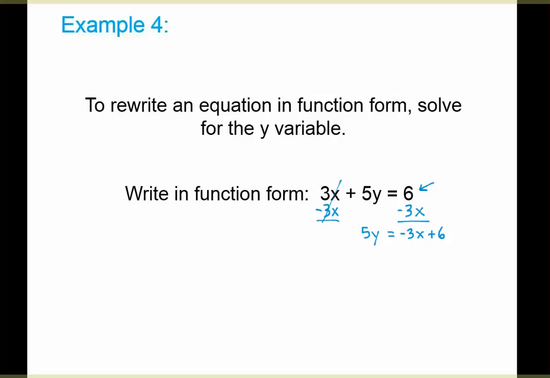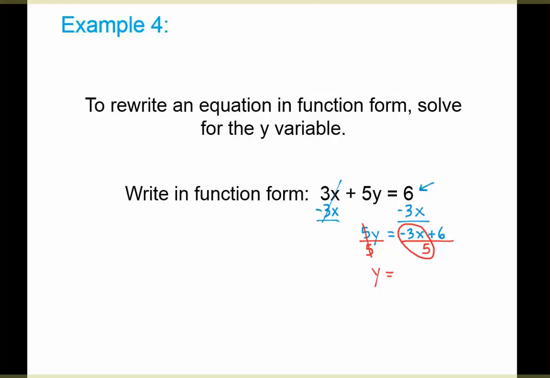Okay. Step 2, how is that 5 glued to the y? Well, it's multiplying the y. We're going to divide it away. You divide the left side by 5, you divide the whole right side by 5. So with multiplication and division, it happens to the whole entire side. And here you're going to be left with y equals, and here's where you have to go back to that Hart method. Okay, so negative 3x divided by 5.